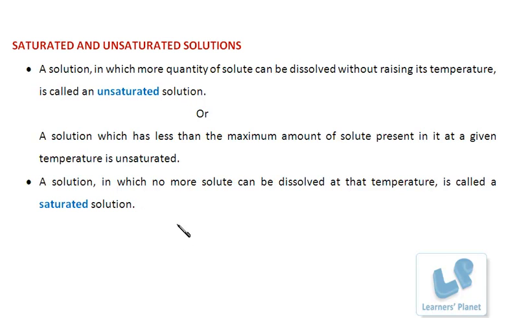So if I'm taking some water in this beaker, let's take it as 25 ml, and to this I am pouring sugar and keep on dissolving it. Now this solution, in which more of the sugar can be dissolved, is called what? Unsaturated solution. Here more sugar can be added.